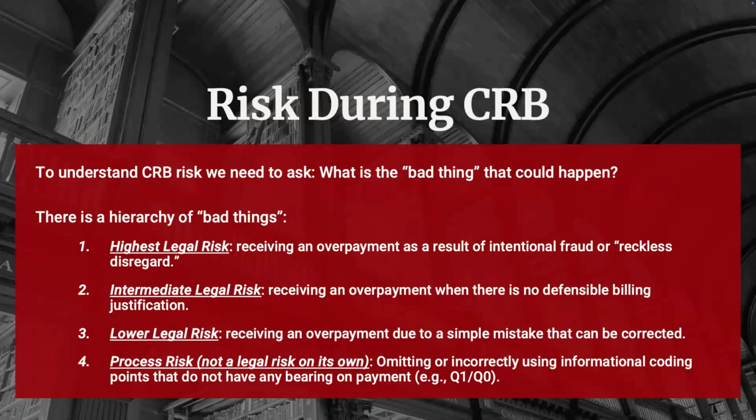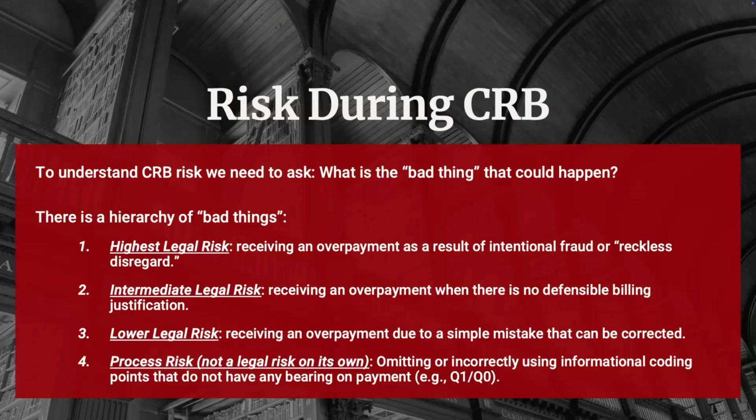There is a Supreme Court case, the Escobar case, that was decided unanimously 9-0, that these informational data points and coding points involved on a claim are not determinative of whether that claim as a whole is right or wrong. You want to get those informational points correct. The government would like for you to get those informational points correct, but if you use something incorrectly, or if you forget to do a Q1, Q0, that does not make the claim false under the False Claims Act.